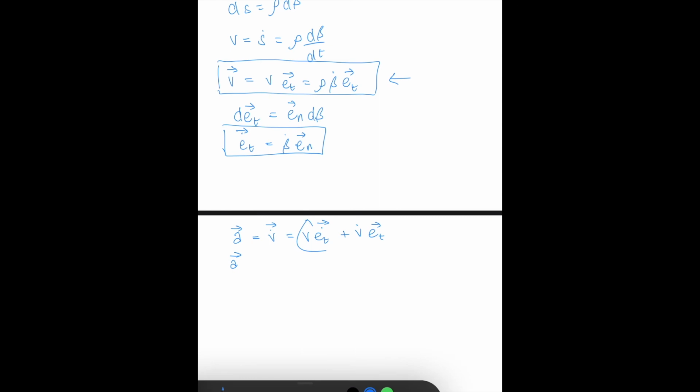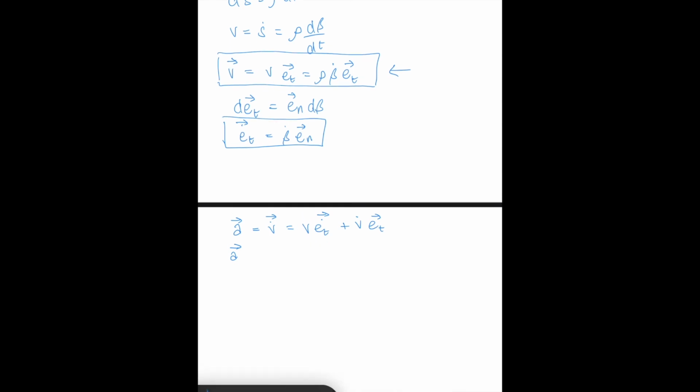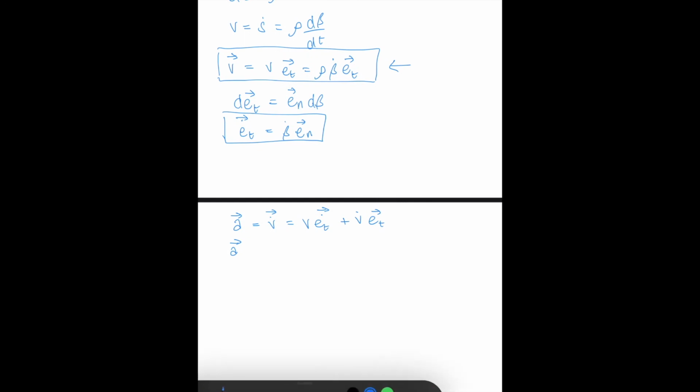We can substitute this et with this equation over here to get v beta dot en plus v dot et.